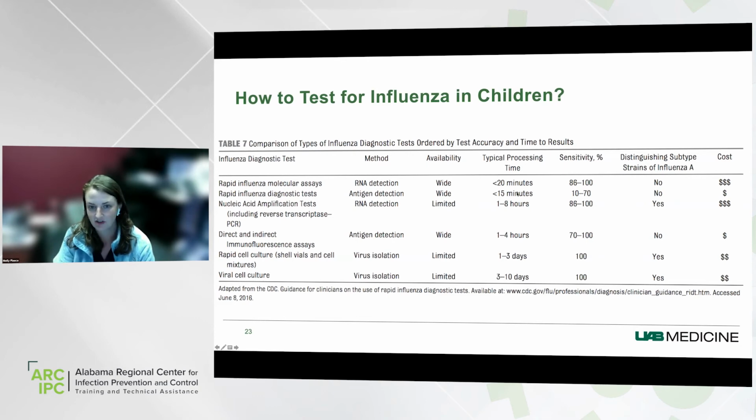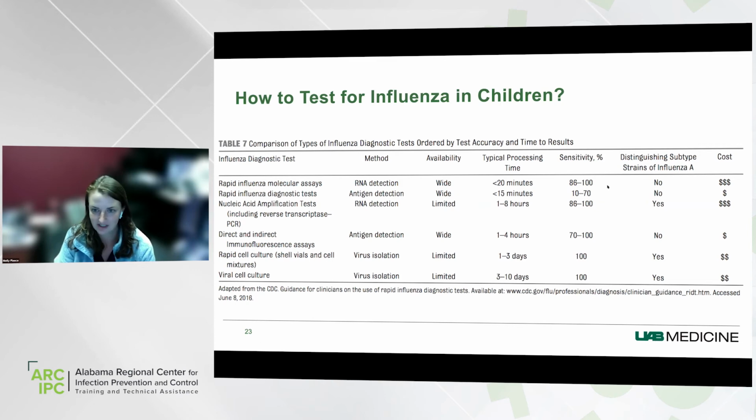Their advantages are that they're rather fast, but you can see here in terms of sensitivity, it's quite variable. So RNA detection by far and away across the board is the most sensitive, meaning you can trust a negative test, and it will oftentimes detect B flu if it is there.